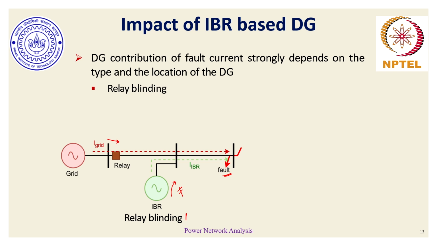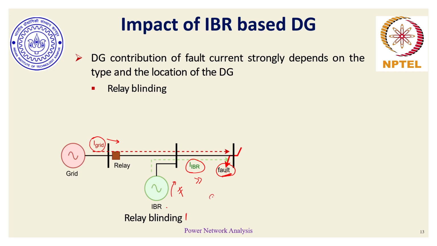But for a fault on this particular section, because of the electrical closeness of the fault location to the inverter-based resource, the current contribution of the IBR may be higher compared to that of the grid side, which is physically farther from the fault location.